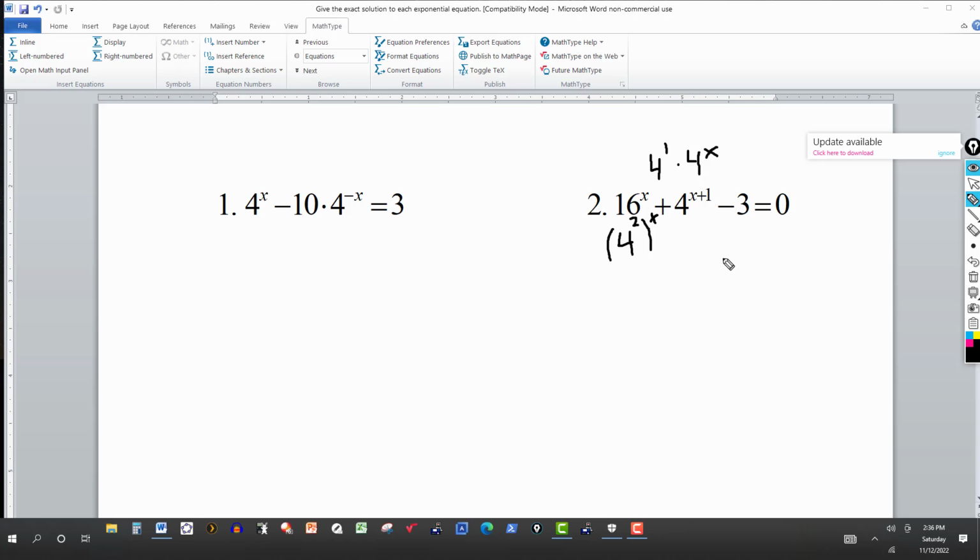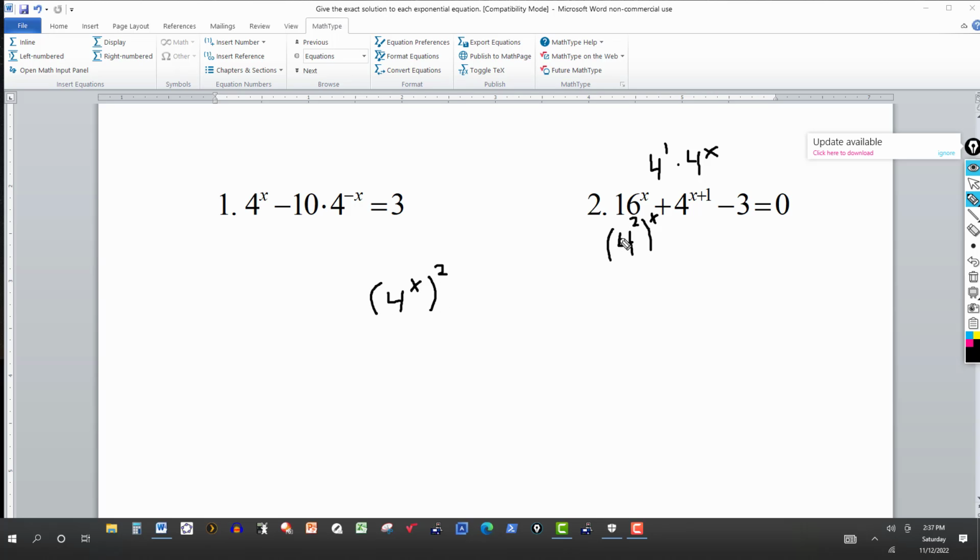We get that. So with that in mind, I can rewrite this equation. Instead of writing it this way, I'm going to write it this way: 4 to the x, quantity squared.